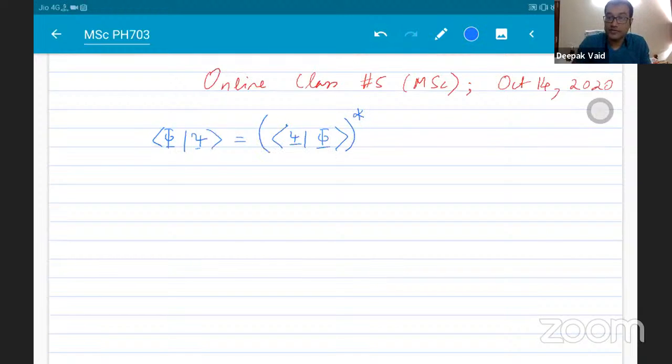One is the complex conjugate of the other one. This also tells us that if you take the inner product of a vector with itself, by definition this has to be a real number, by the fact that it is equal to its own complex conjugate.